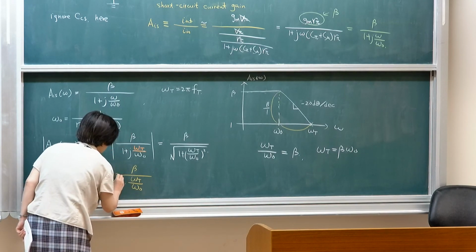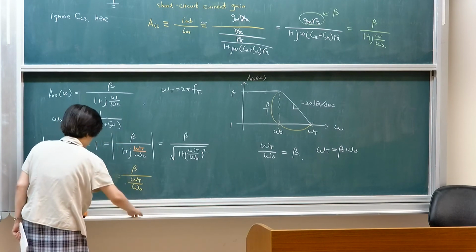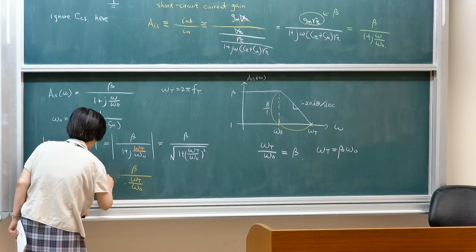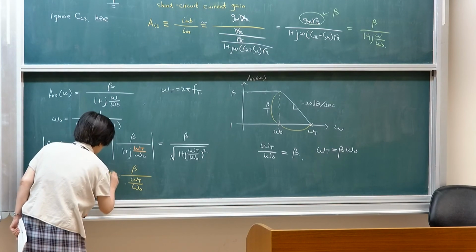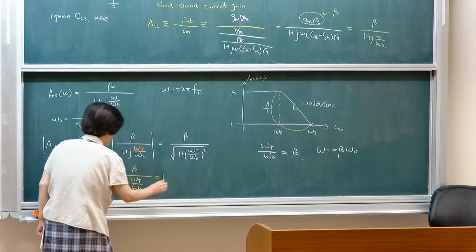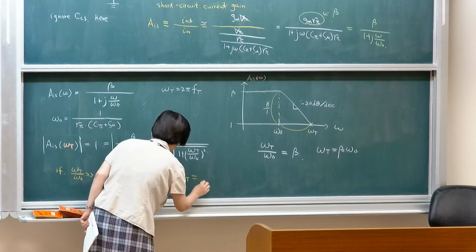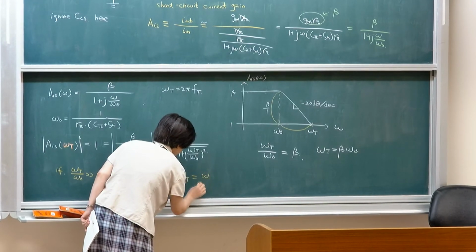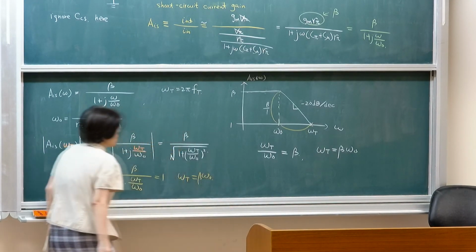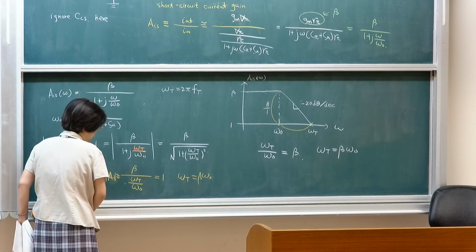This equals 1, where omega t is beta times omega 0.